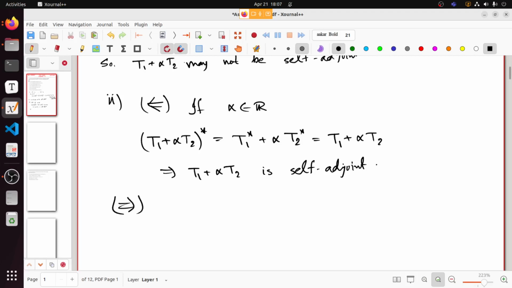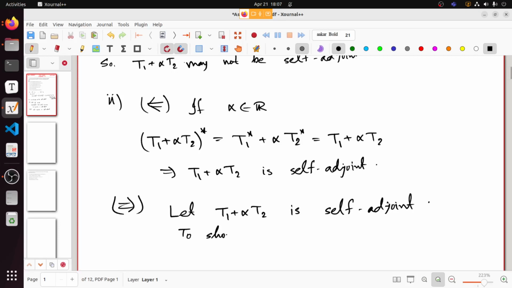In the other direction, let T1 plus alpha T2 be self-adjoint, and we have to show that alpha is a real number.